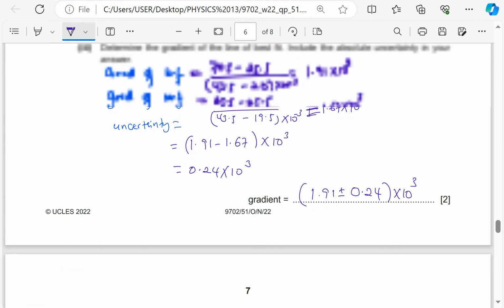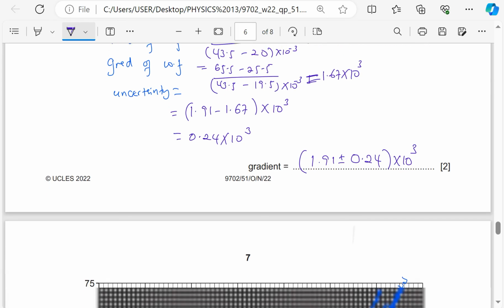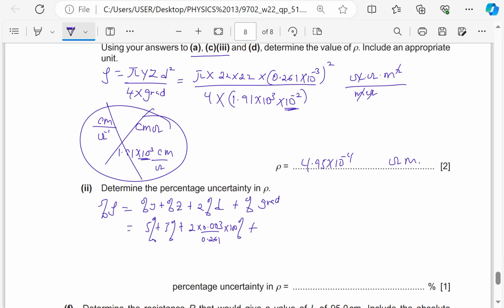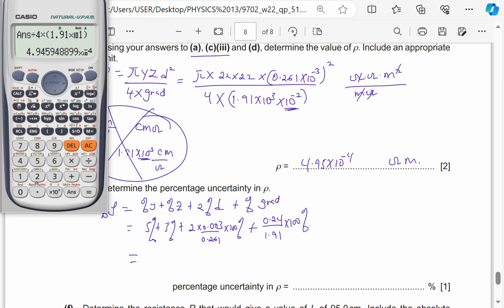Remember the gradient had an uncertainty of 0.24 and it was 1.91. So this is 0.24 over 1.91, times 100 to make it percentage. I'll start with the fractions. 0.003 times 2 divided by 0.261 times 100, that is approximately 2.2%.